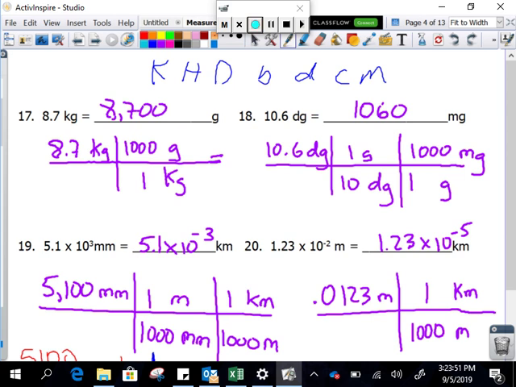Number 18 could be done 2 ways. I typically go to the base unit. That's my standard go-to move. But I had a kid this one time 4,000 or 5,000 years ago, and he said, couldn't I just do 10.6 decigrams and then decigrams to milligrams right there?